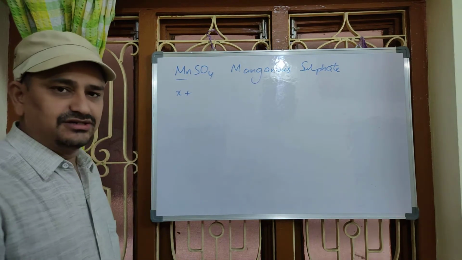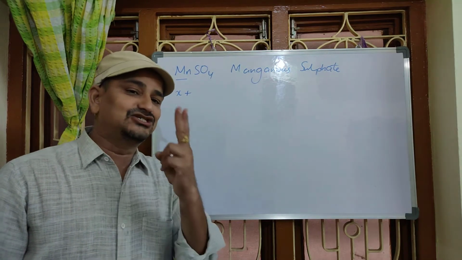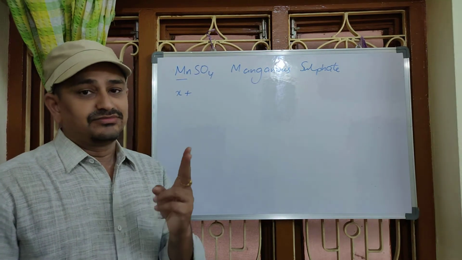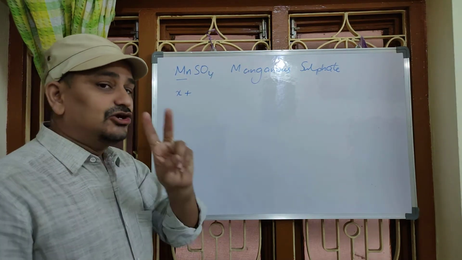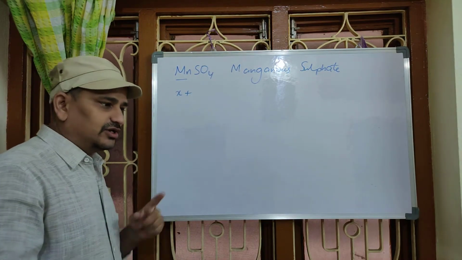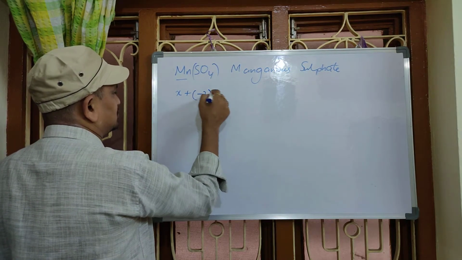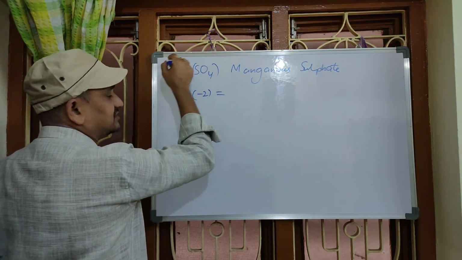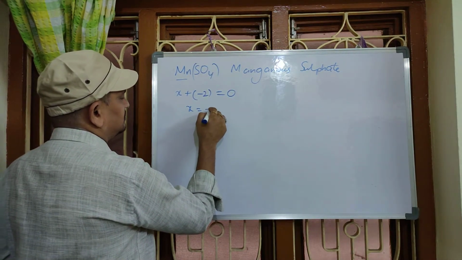In the previous session, I specified sulfate unit always carries 2 units negative charge. You should recollect such points. So wherever SO4 is there, for each SO4 you assign minus 2. What's the net charge on the species? 0. Very good. So X equals plus 2.